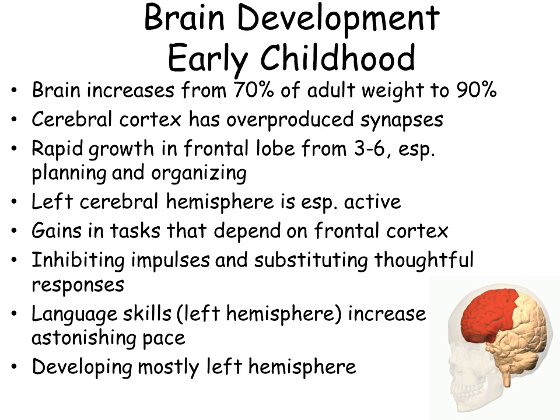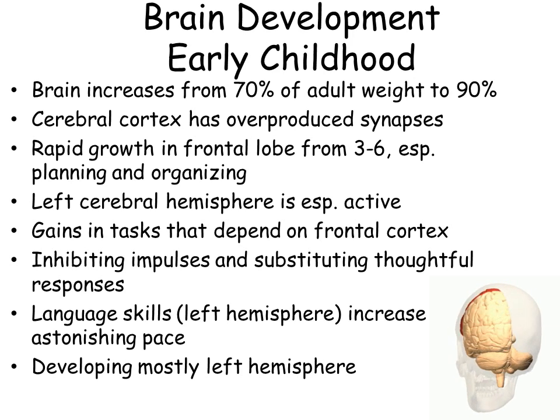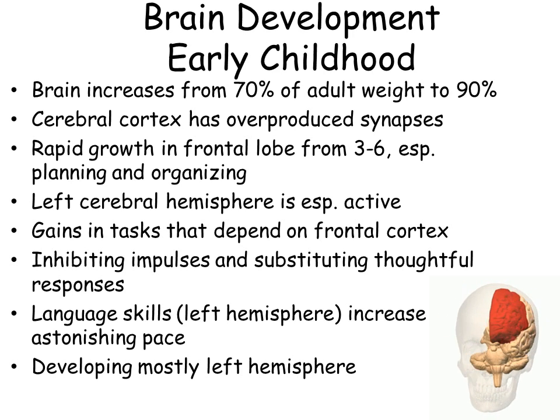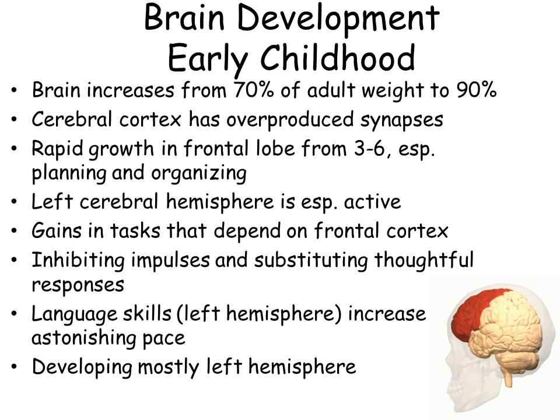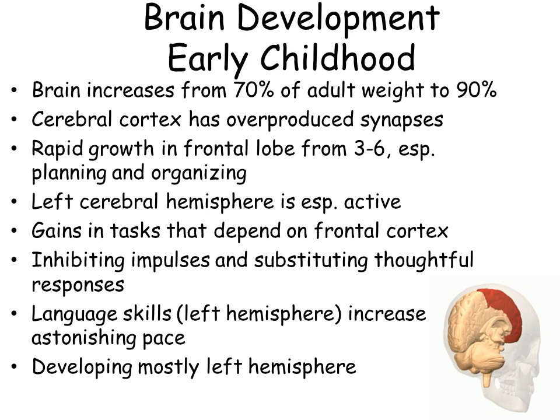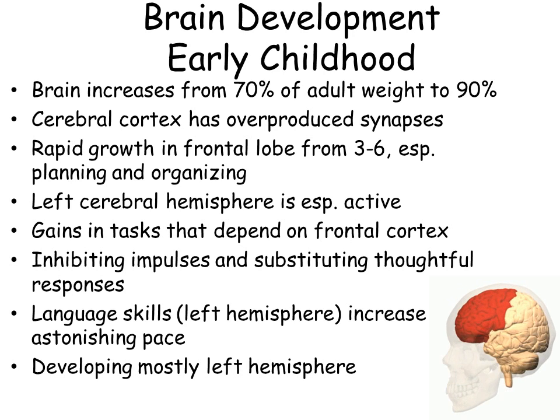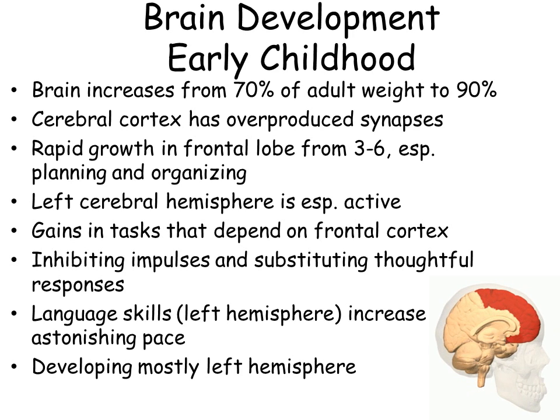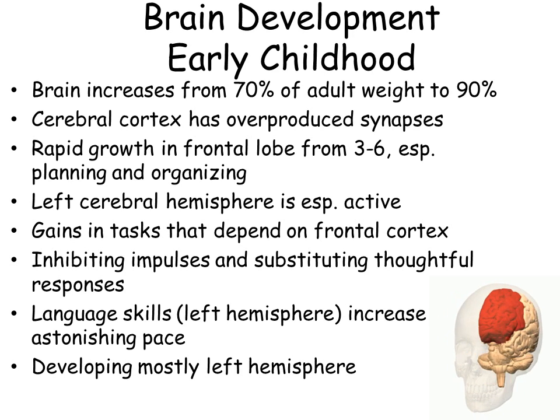The left cerebral hemisphere is especially active, and that's important. They gain in tasks that depend on the frontal cortex, inhibiting impulses and substituting thoughtful responses. So they start thinking about what they're doing and not just having an impulse and doing it.